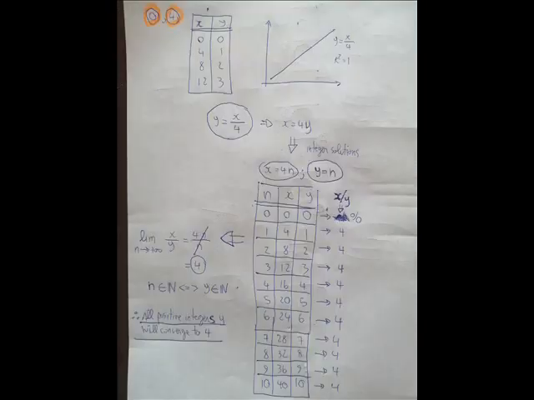Finally, we have 0 and 4. And for x and y, we have for x 0, 4, 8, 12, for y 0, 1, 2, 3. The resulting equation is y equals 1/4 x. Y equals 1/4 x is the same as x equals 4 times y.